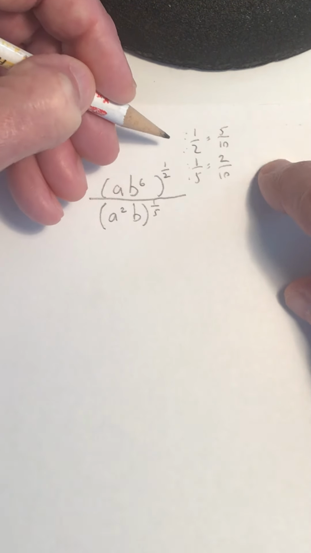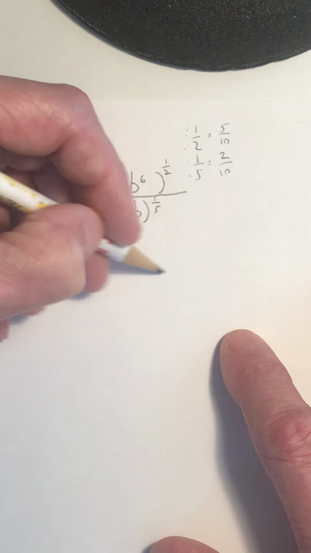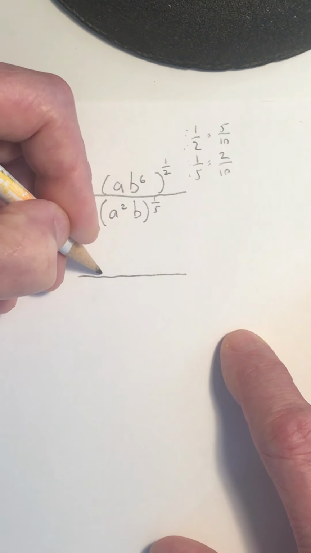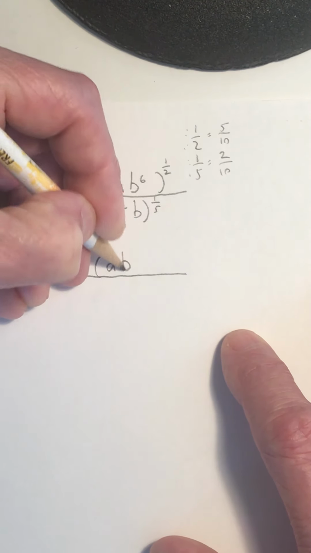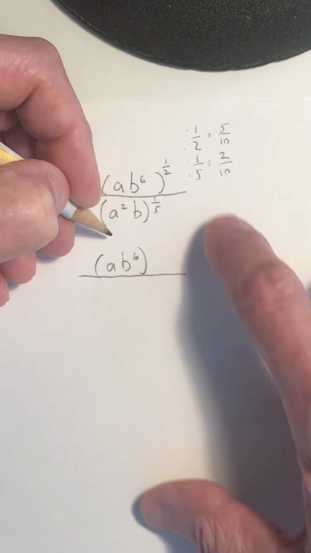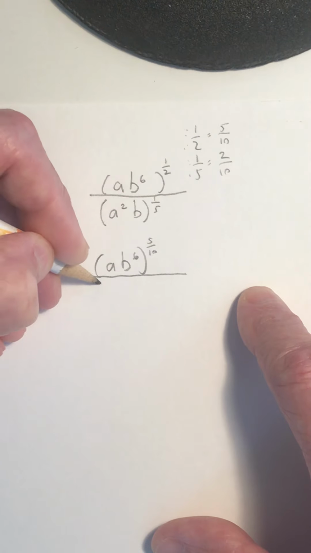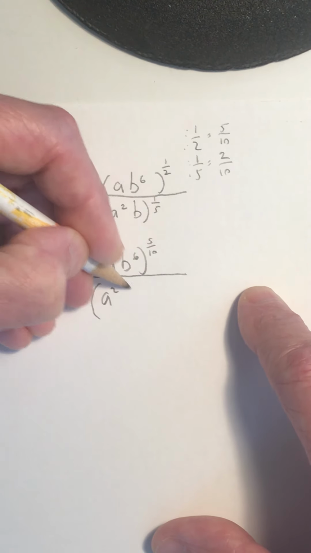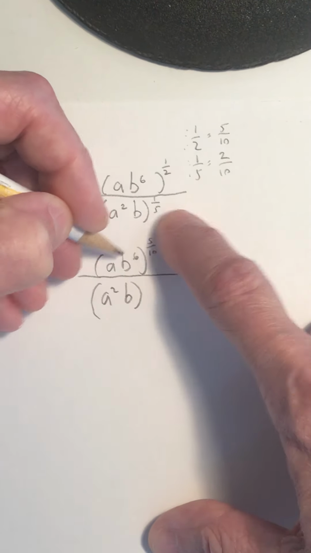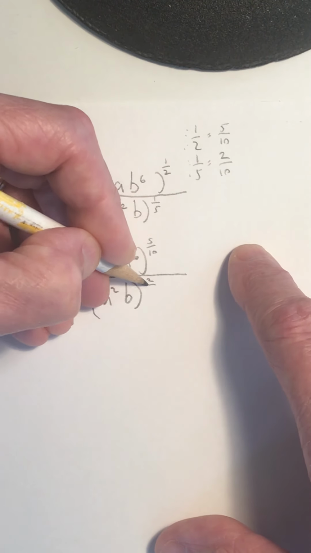Times the top and bottom of that by 2, you get 2/10. So I'm going to do this rewrite again. AB to the sixth to the, instead of 1/2, I'm using 5/10. And downstairs, a squared b, instead of 1/5, I'm writing 2/10.